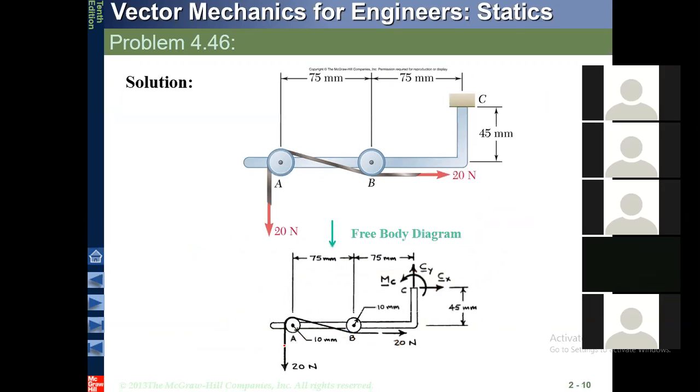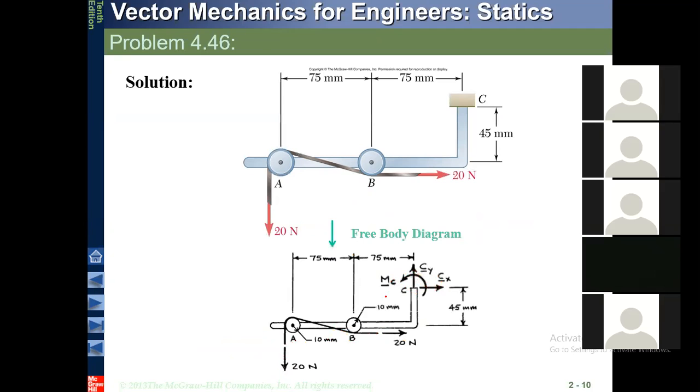It is going to be along the direction of the cable. 20 Newton force along the direction of the cable at these two points, which was already there in the problem. And you have Cx, Cy, and Mc, which are unknown reactions.